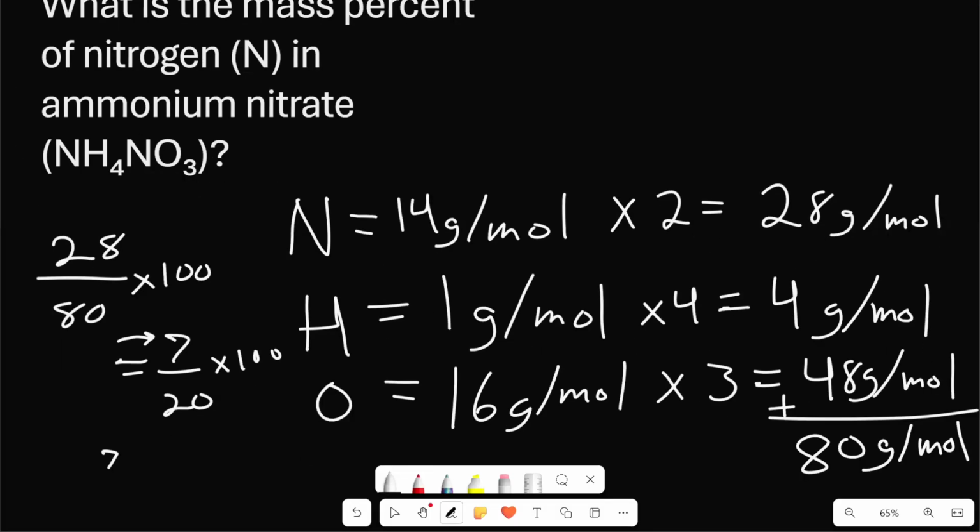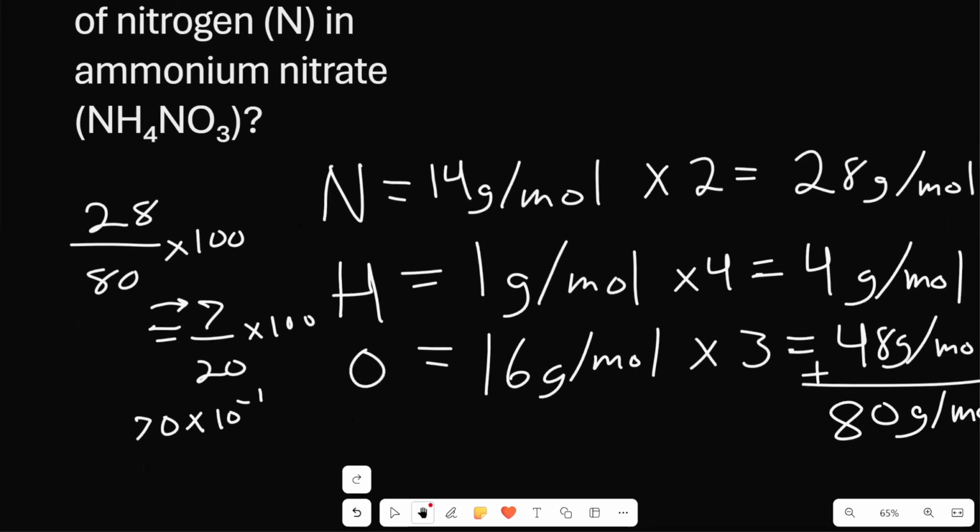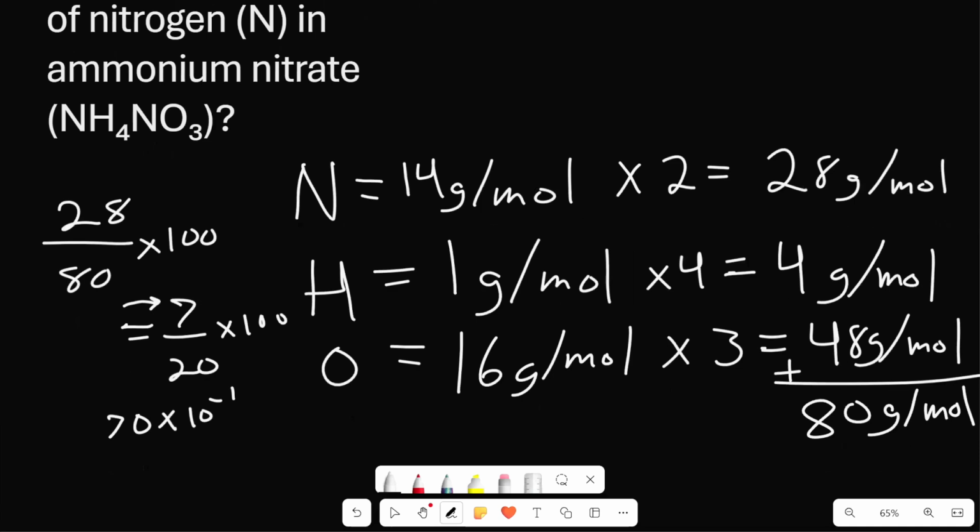And what we'll do is we'll say 70 times 10 to the negative 1, because that's the same thing as 7. And then you can continue to divide that by 20. And we'll rewrite the 100 that we were going to multiply by as 10 to the 2. So now we have the scientific notation form of this. And 70 divided by 20, so 20 goes into 60 3 times, and it'd go into 70 3.5 times.